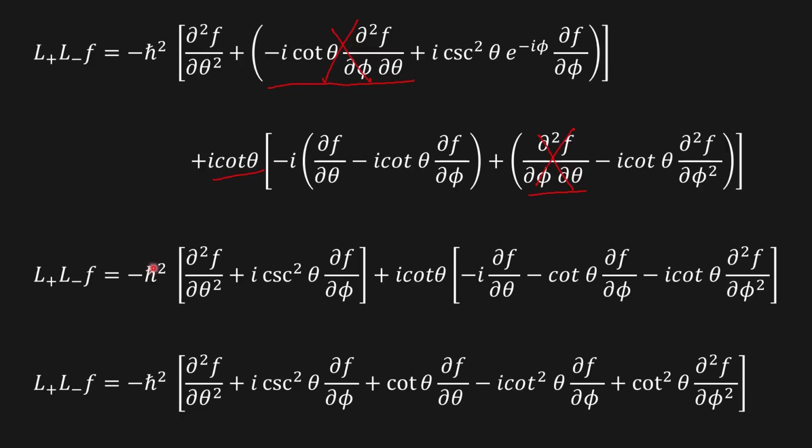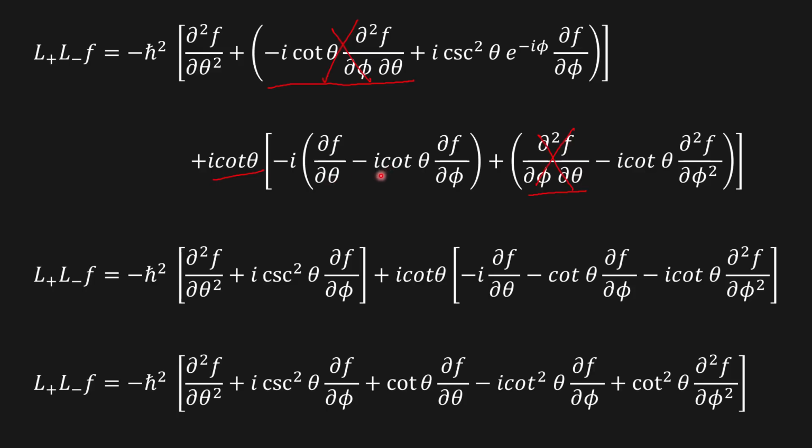So you have minus h cross squared. The first term is delta 2 f over delta theta 2. Then plus you have I cosecant squared theta delta f over delta pi. Then next you have I cot theta. Then you have I. If you multiply this by I, you will get first term minus I delta f over delta theta.